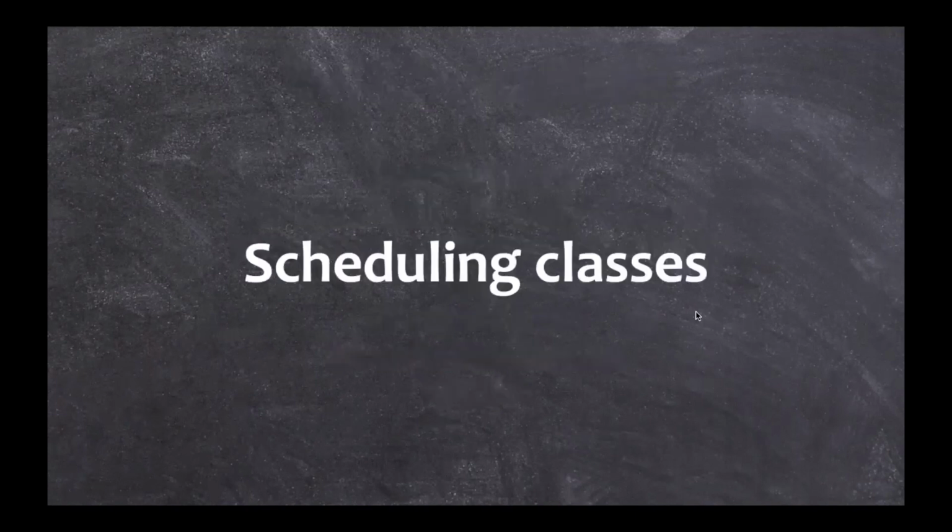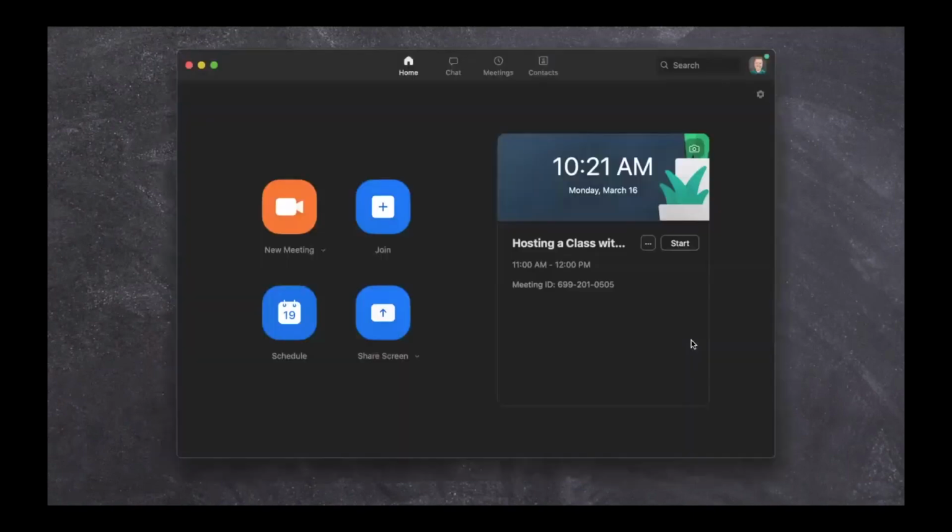Here we go. First, let's talk about scheduling your classes. So once you have a Zoom account and you've attended Zoom, so you already have the Zoom mini app on your device, once you log in, this is what you're going to see on your screen right away when you go to either start a new meeting or schedule a meeting.